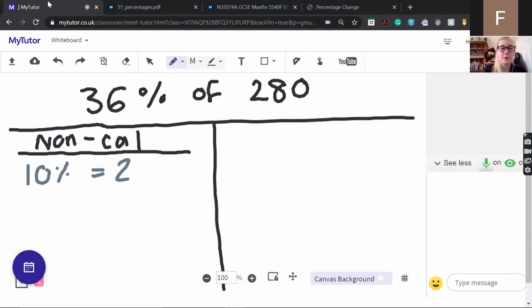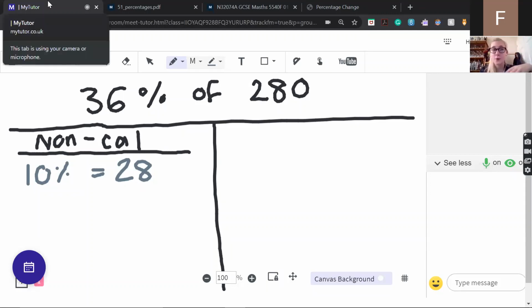So 10% will be 28. That's good. It's not 36%, but it's a start. We can see that this 36% here, we're going to need 3 of them to make it up to 30%. And then this 6%, we can either think of it as 6 lots of 1% or a 5% and a 1%.